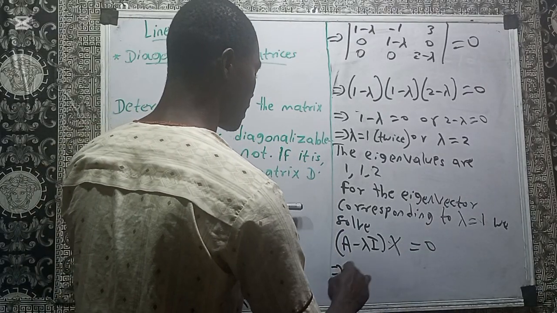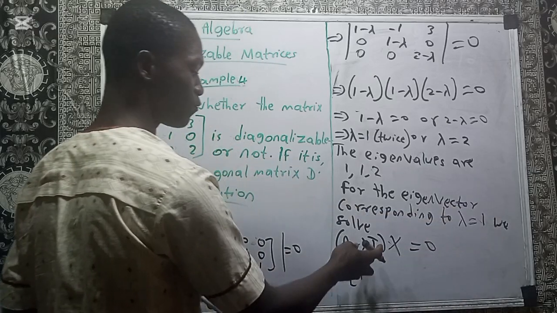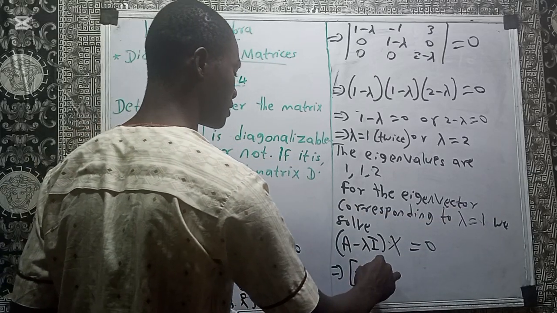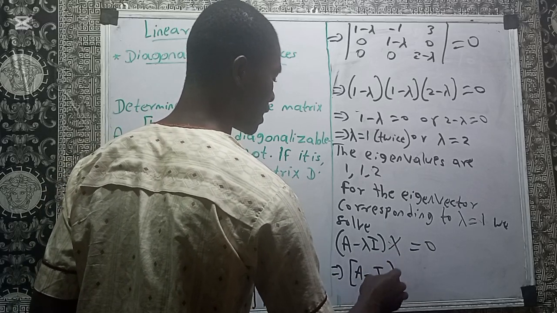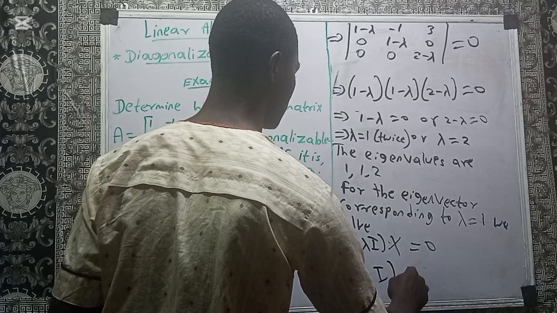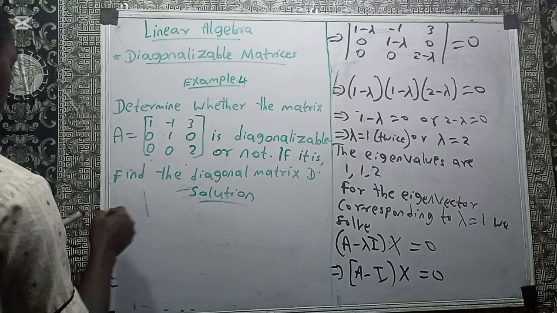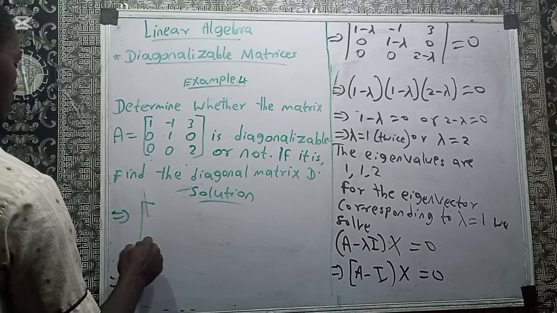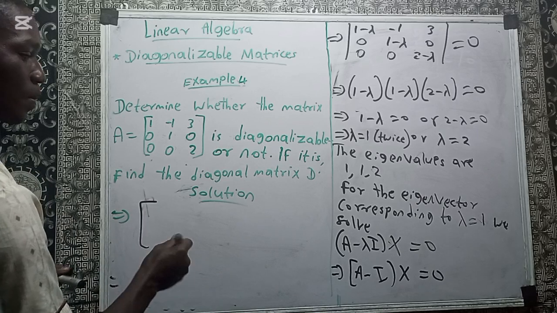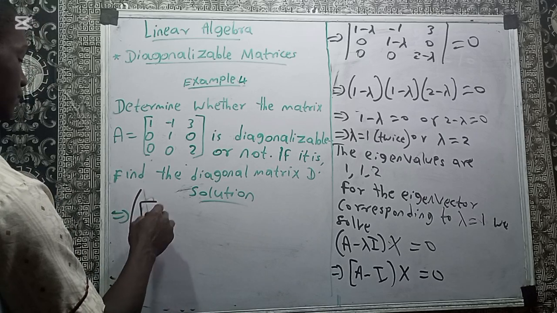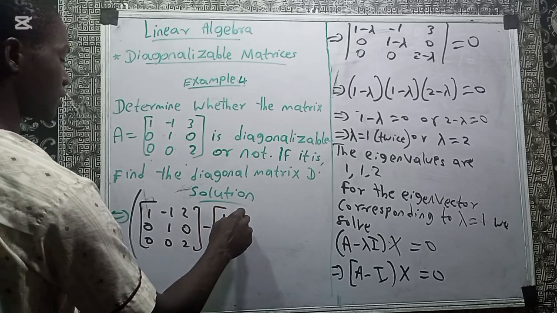So this simply implies, since the lambda here is 1, multiplied by the identity matrix is the identity matrix. Then we have the X and the 0 here. So let's substitute. Our matrix A, let's write, minus the 3 by 3 identity matrix.